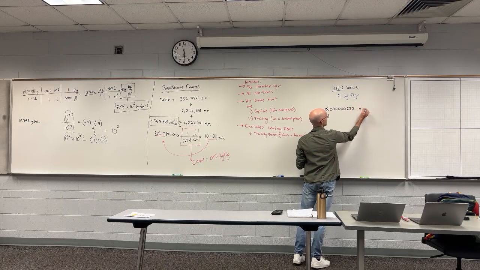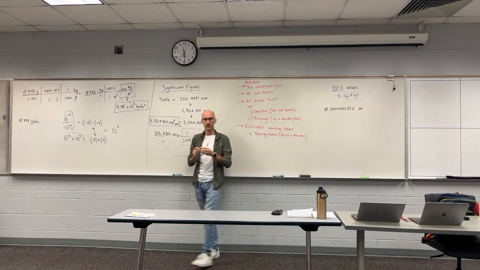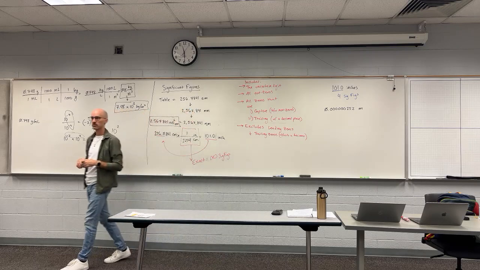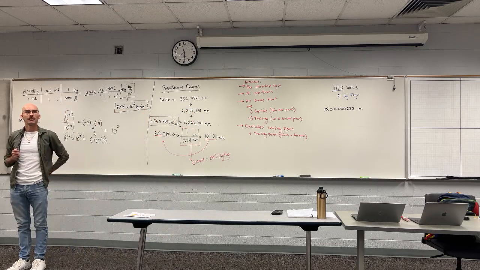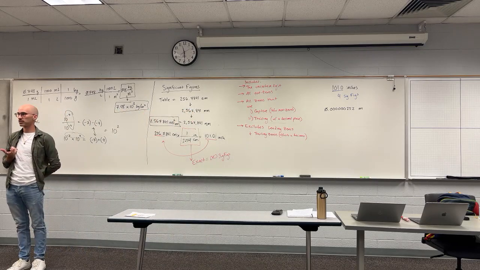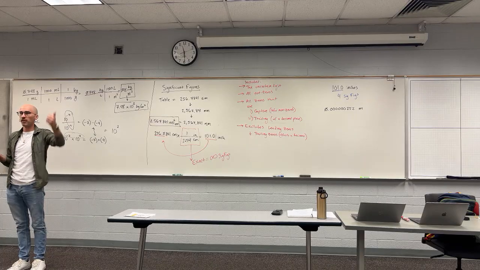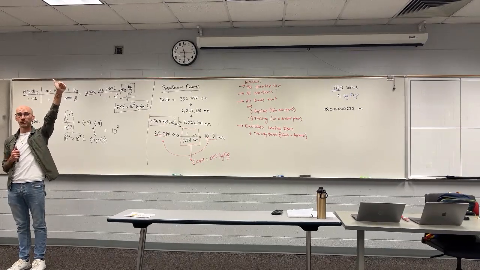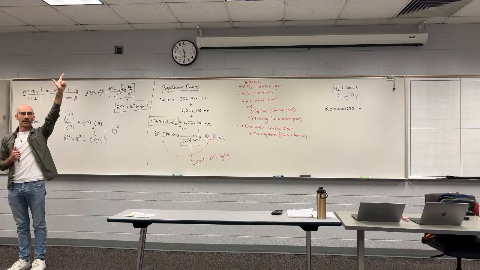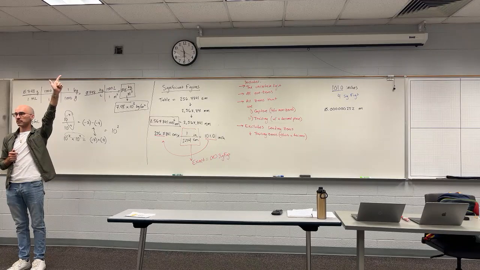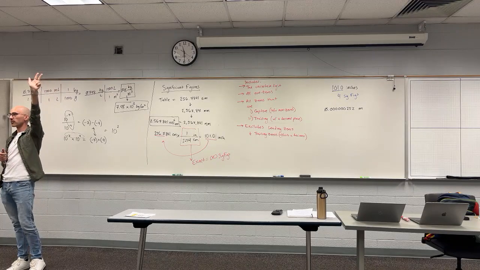0.000000252 meters. How many significant figures? Start with the basics. How many non-zeros? Good. How many captive zeros? How many trailing zeros?